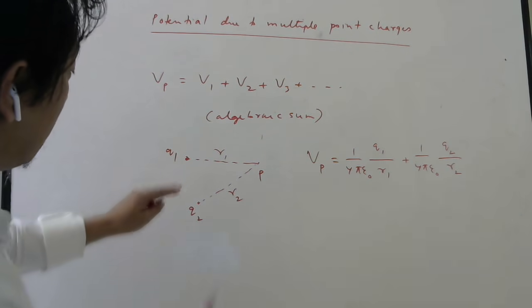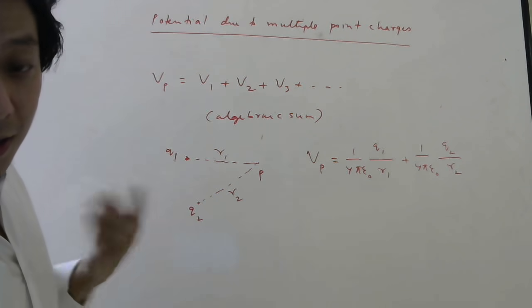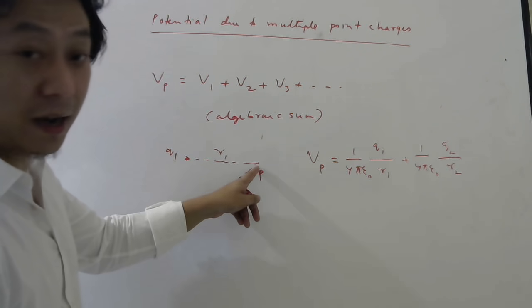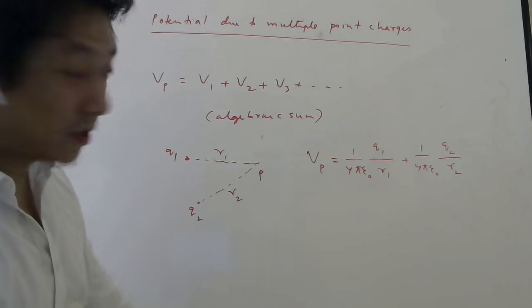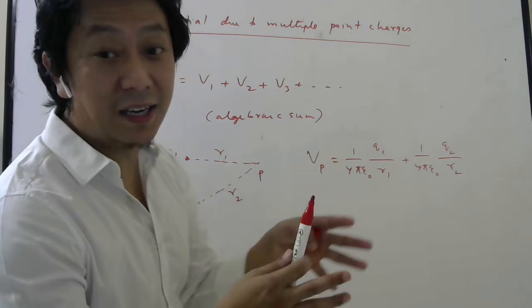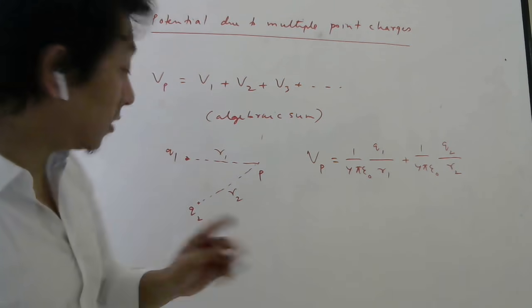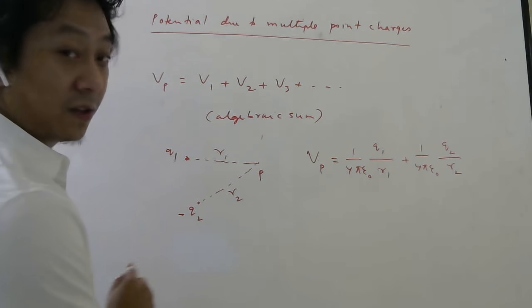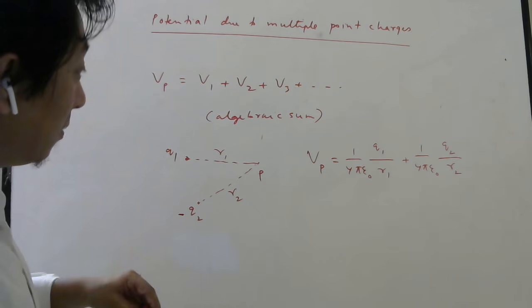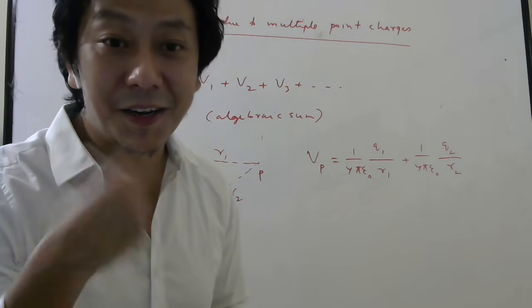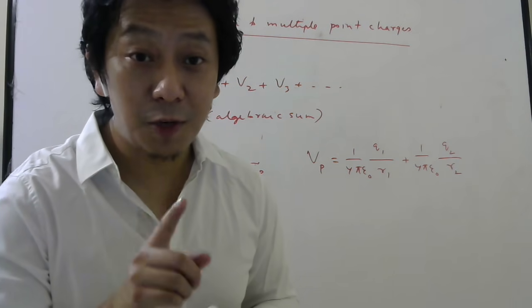So if you have multiple point charges, then you have to find potential at that point due to each charge like this, and you have to add algebraically, because it is very much possible this is negative. Then you have to write minus sign here. Okay. Now this will be easier to calculate than electric field. Why? Because electric field was vector.